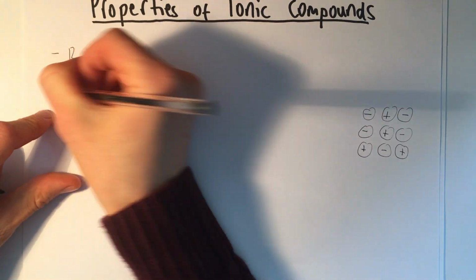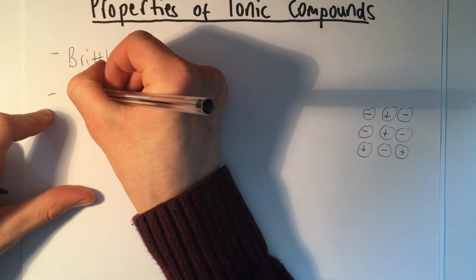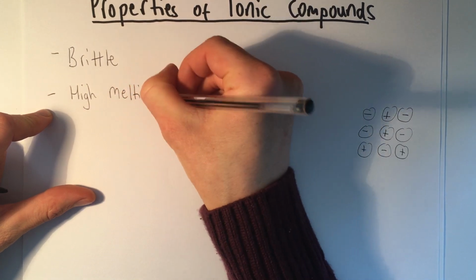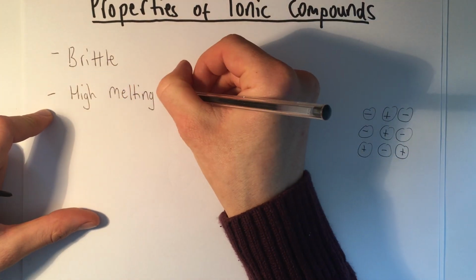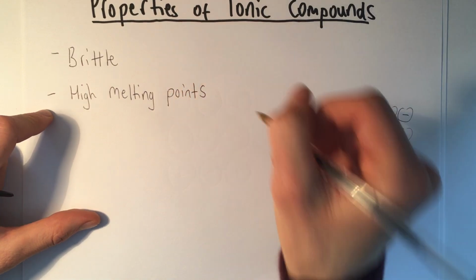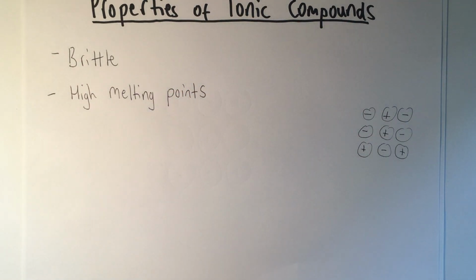Okay, the next property is ionic compounds have high melting points. Very difficult to demonstrate an ionic compound melting, because for most ionic compounds, a Bunsen burner won't go hot enough to get it to melt, like sodium chloride. They've got very high melting points.